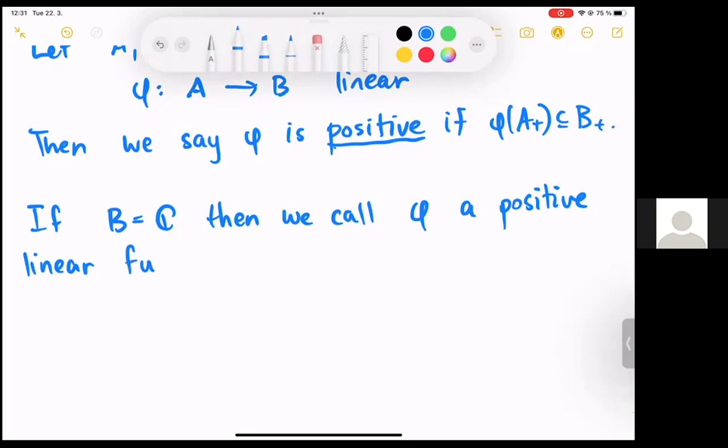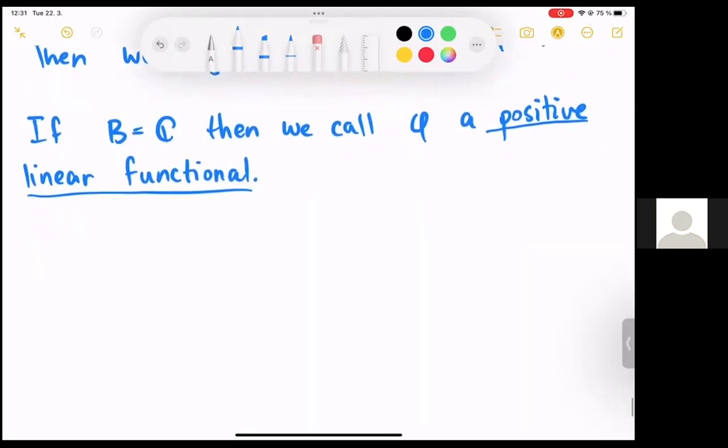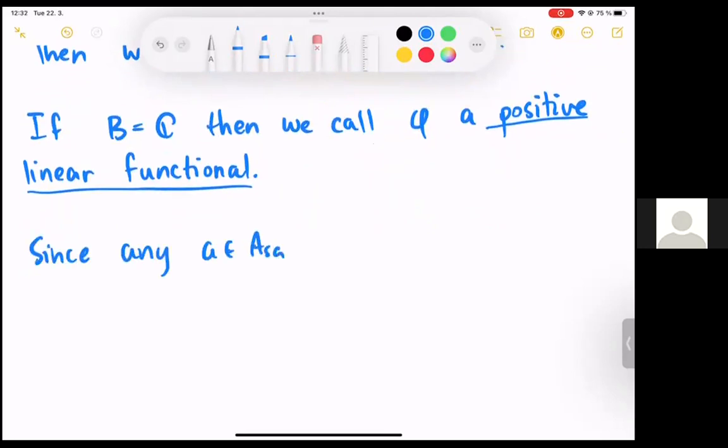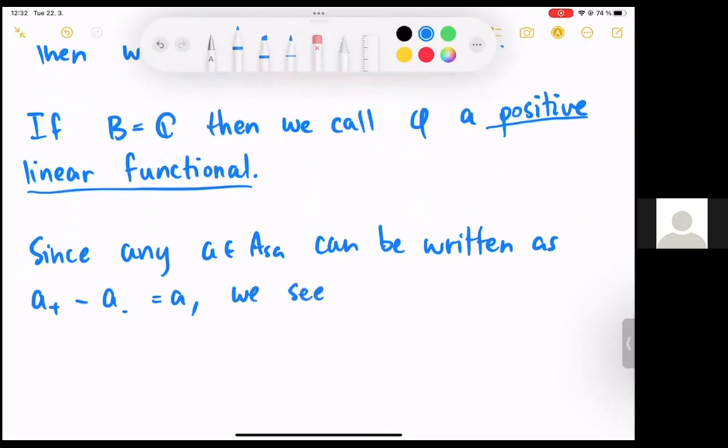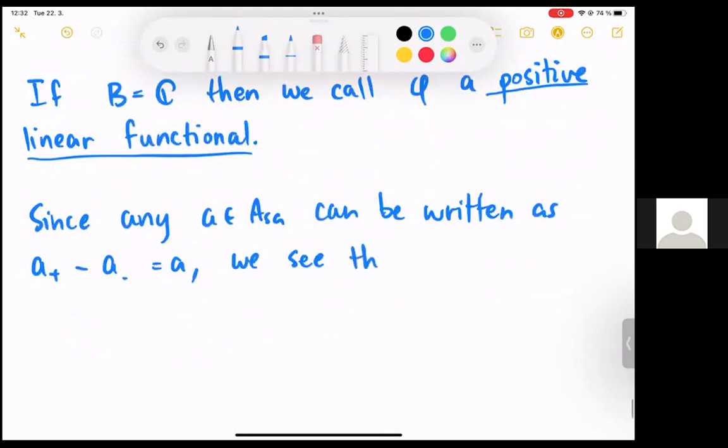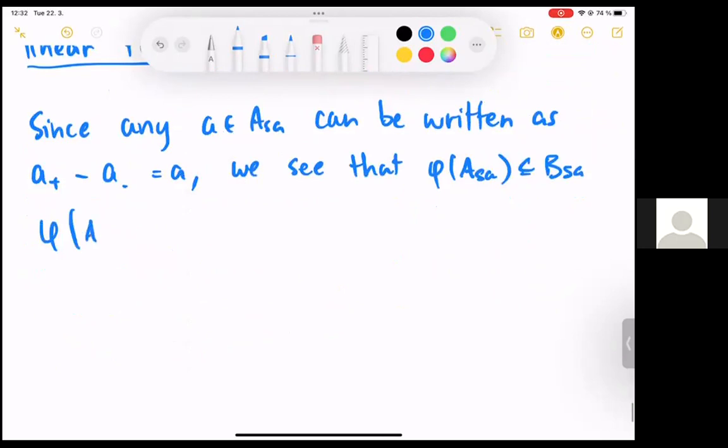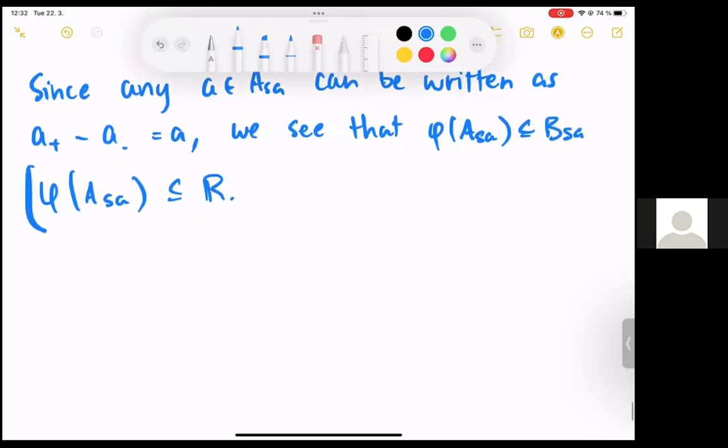First thing to note, since any self-adjoint can be written as the span of two positives, we see that any positive linear functional, or more generally even any positive map, will send self-adjoints to self-adjoints, or for a functional, this means that the self-adjoints land in the reals.